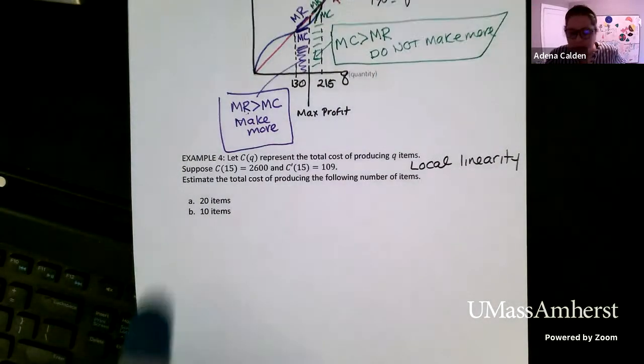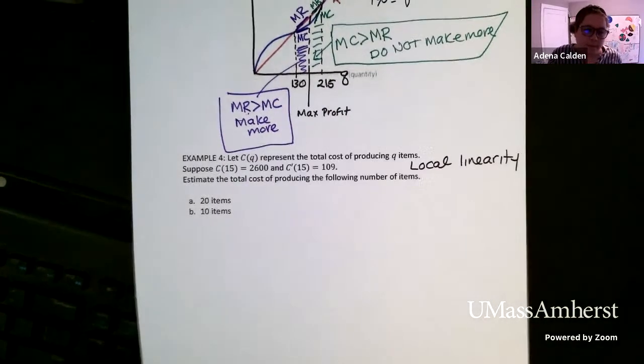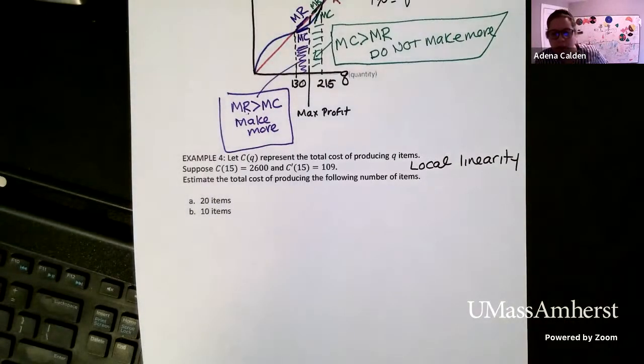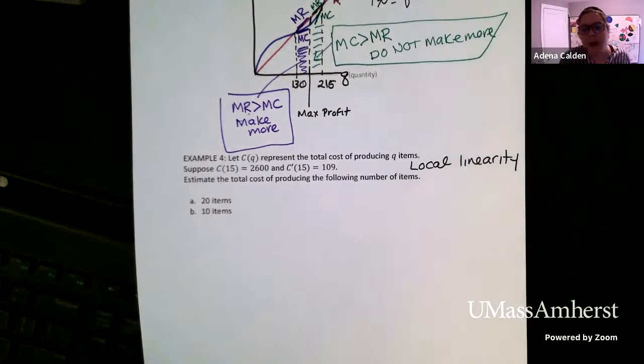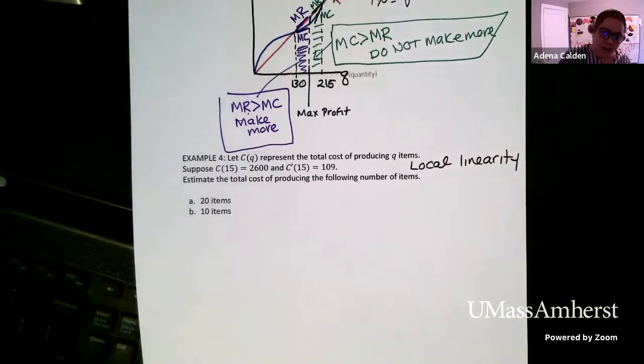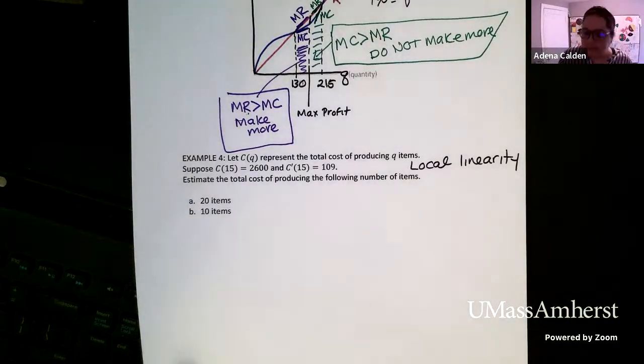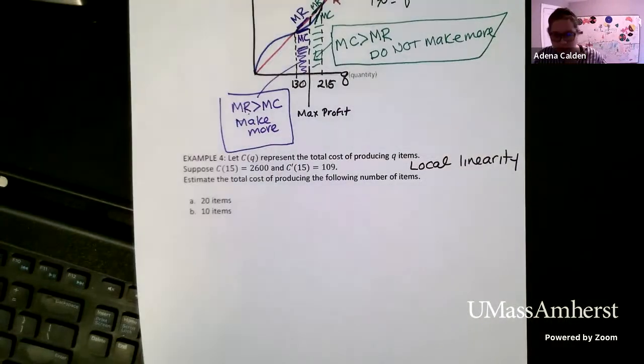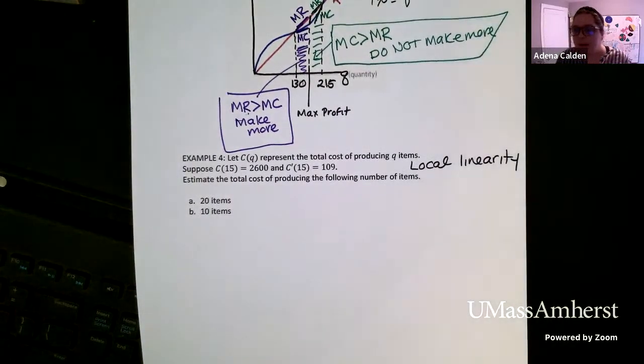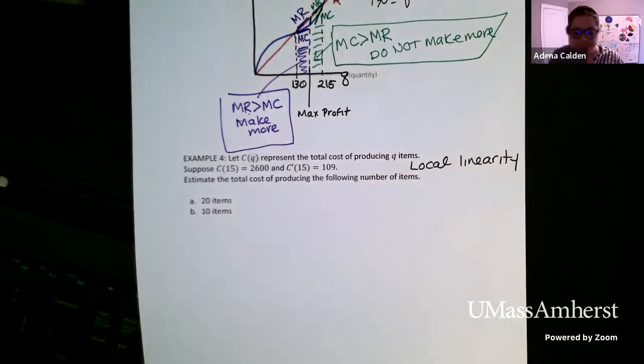I'm going to give you 2 minutes, see if you can work out A or B. You probably won't have time to do both. But see if you can remember how we used the tangent line approximation, also known as local linearity, to approximate a different point on our function. Okay, so take 2 minutes, and then we'll go through it together.